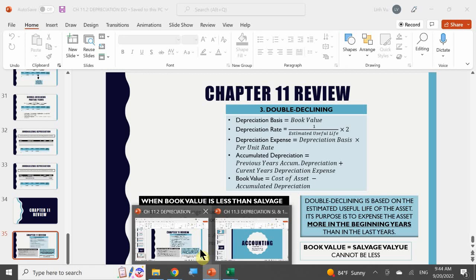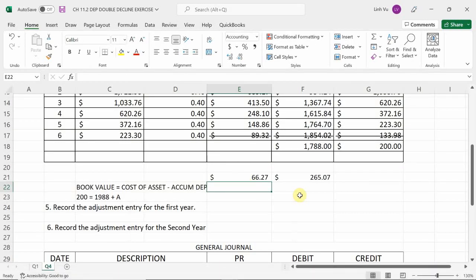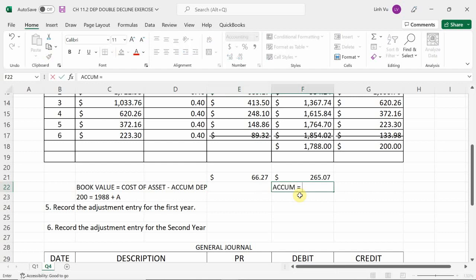It would be the previous year's accumulated depreciation plus the current year's depreciation expense. That is correct. So accumulated depreciation equals previous year's accumulated depreciation plus current expense.